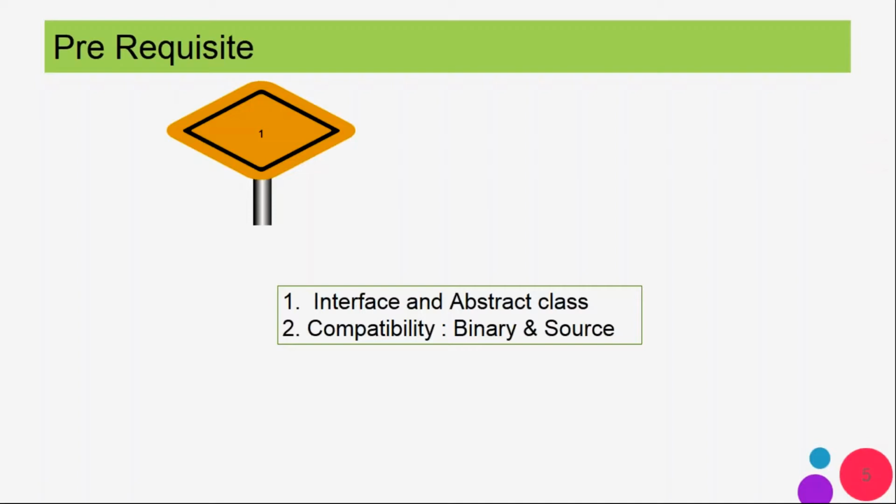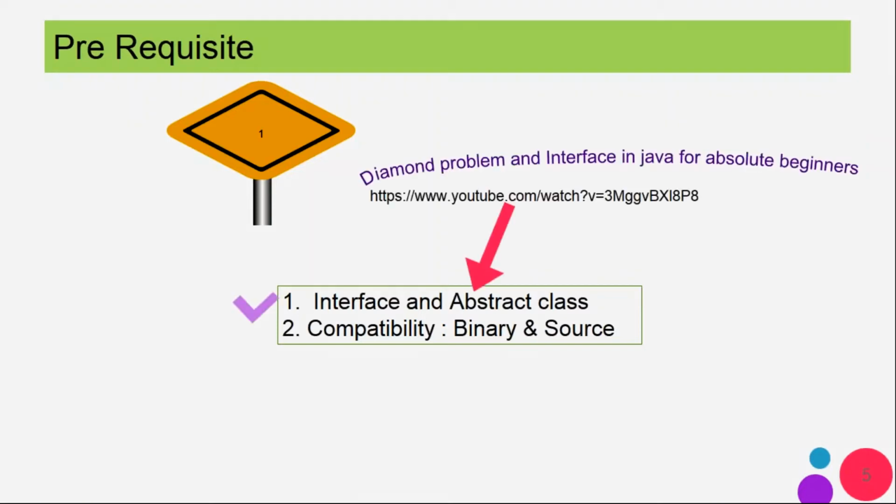So I would recommend, if somebody is an absolute beginner and has not yet covered the interface and abstract class concept, then do not go ahead with this session, because you would not get much if the interface and abstract class concepts are not clear to you. For that also I can help you out.